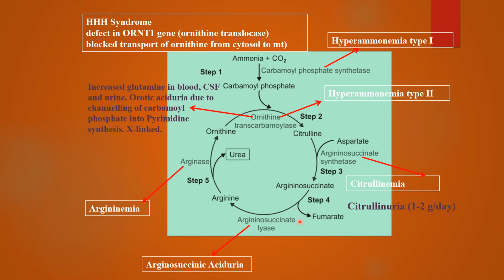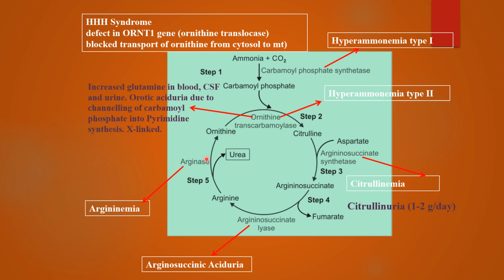A typical clinical feature is friable tufted hair. So this is a very important feature of argininosuccinate lyase deficiency. The next is arginase deficiency. It's a mild variety with accumulation and excretion of arginine. Symptoms appear only by 2 to 4 years of age.